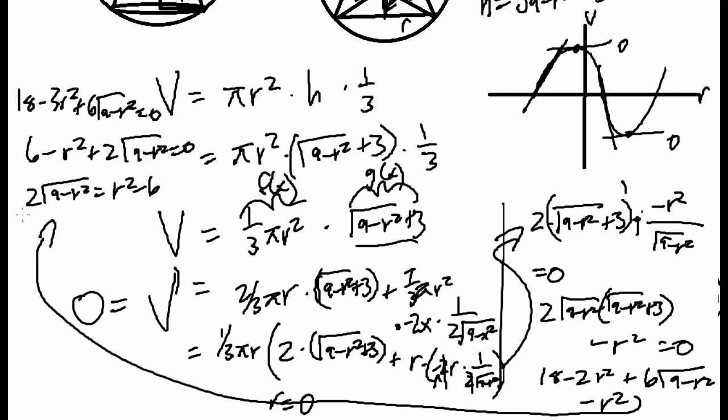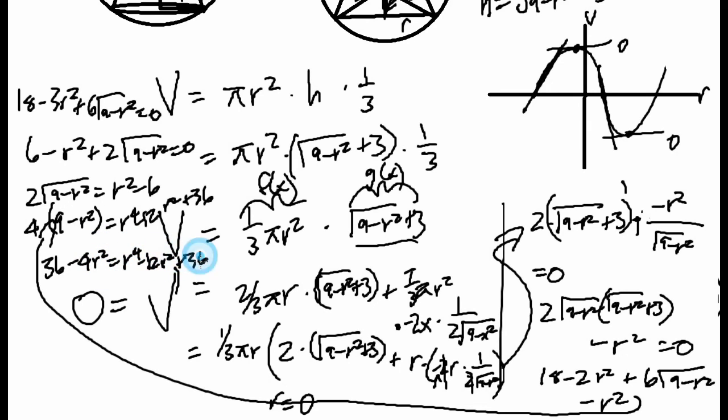And then we can square both sides. That would get us 4 times 9 minus r squared equals r to the fourth minus 12r squared plus 36. Okay, now we just simplify. I'm running out of room, so I'll move down here.